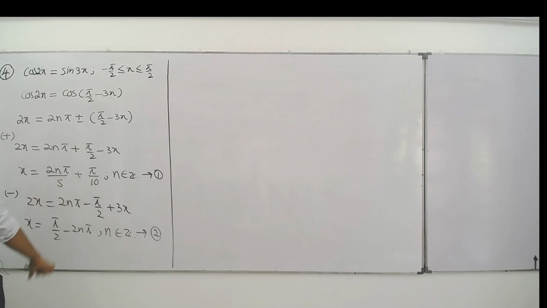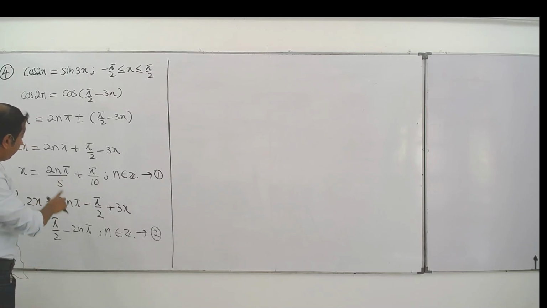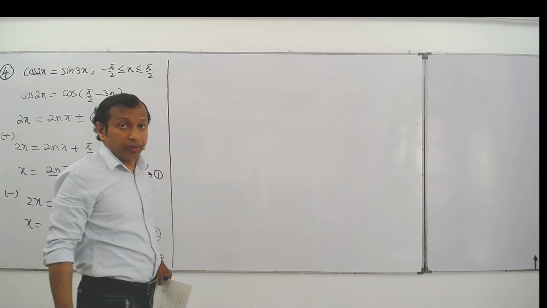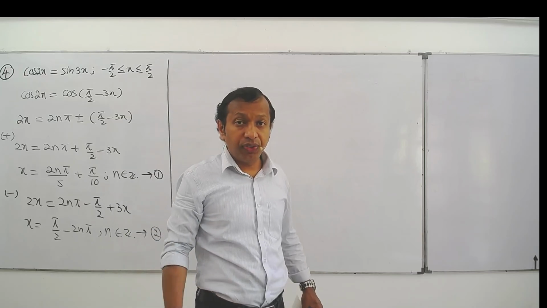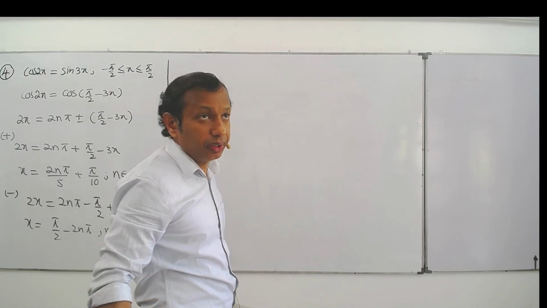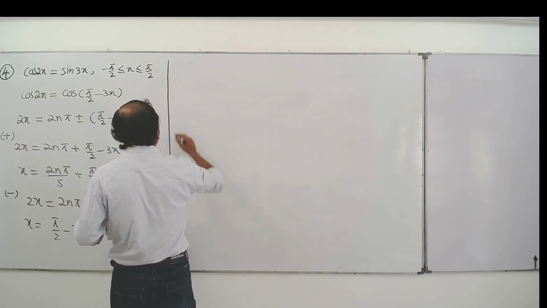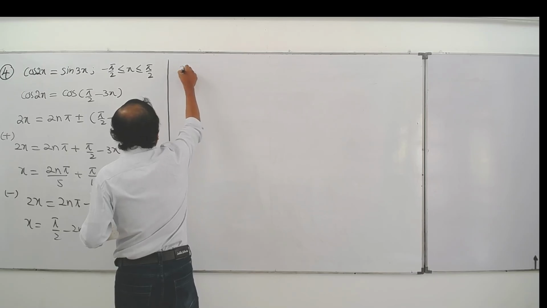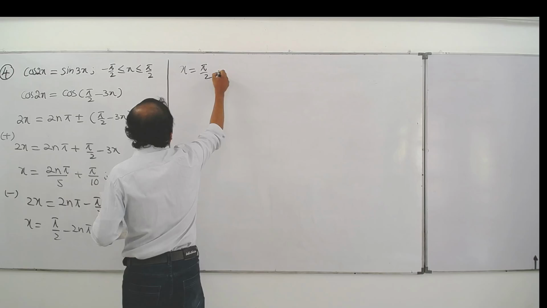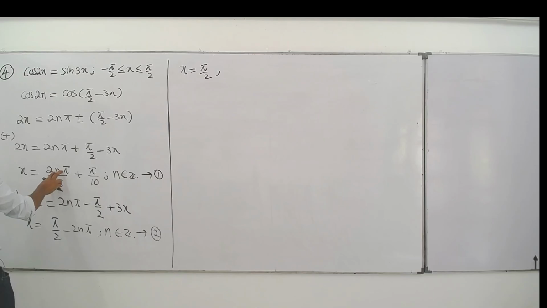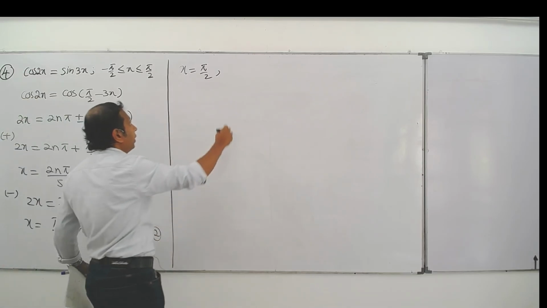Pi by 5 is 36 into 2, 72, and pi by 10 is 18, right? Then 72 plus 18 means 90. That means one solution for x is 90. Right, x is pi by 2. Now put n equals 0. 0 is also an integer, no? Pi by 10. Another one coming, pi by 10.